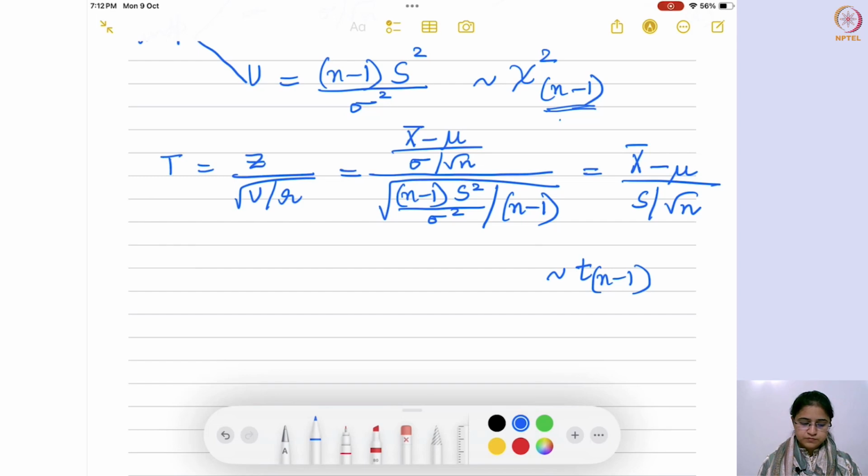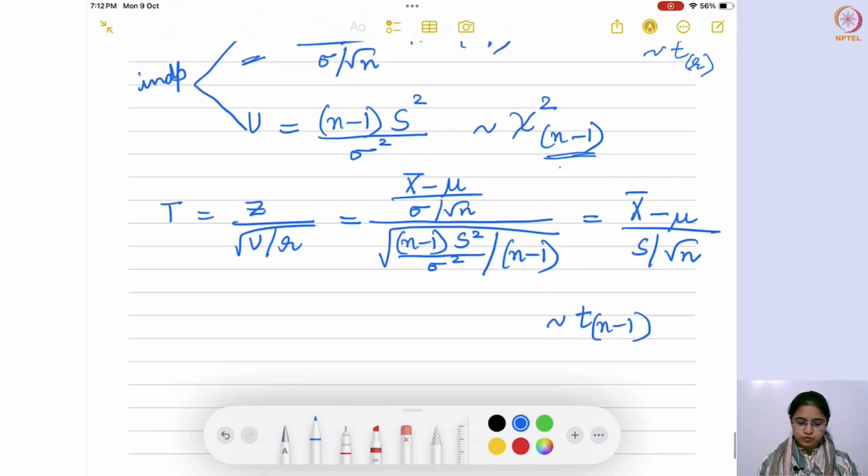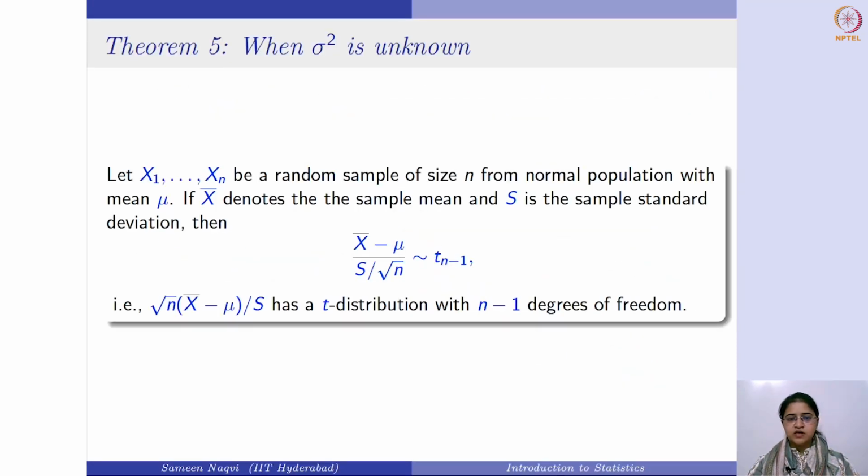Okay, so this is the proof. So we have seen that if your sigma squared is known, then the sample statistic would follow the normal distribution. Otherwise, it would follow the t distribution with n-1 degrees of freedom.